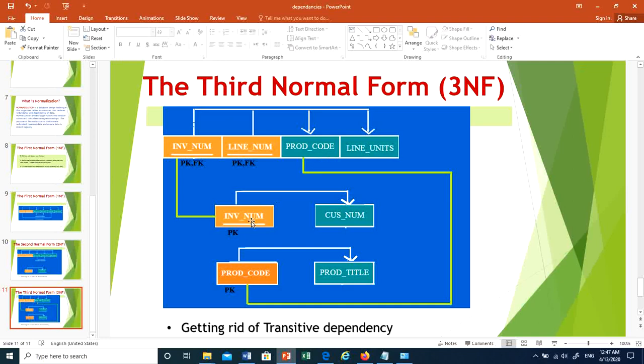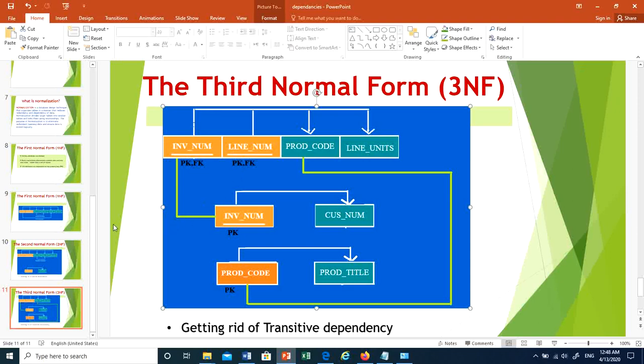And again, invoice number here is a primary key for this new relation, and it is part of the key for the first relation and also a foreign key. And these two together make up the composite key, but each one of them is part of the key and foreign key.